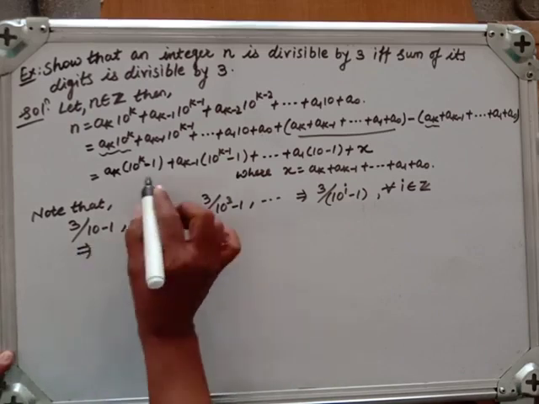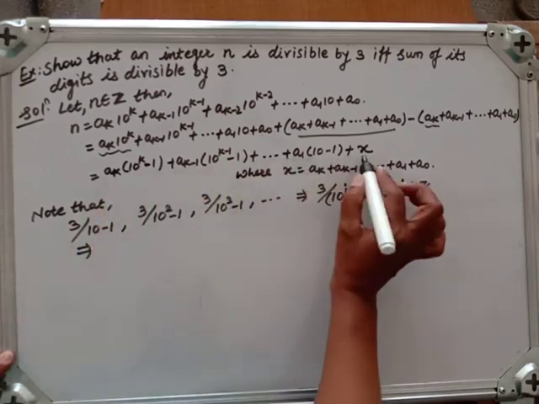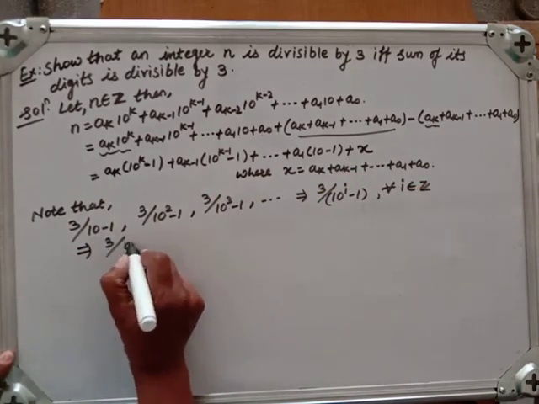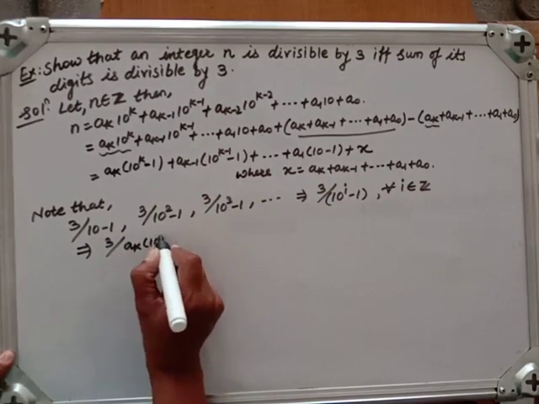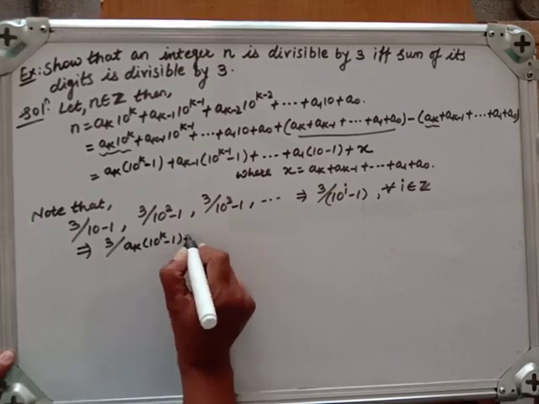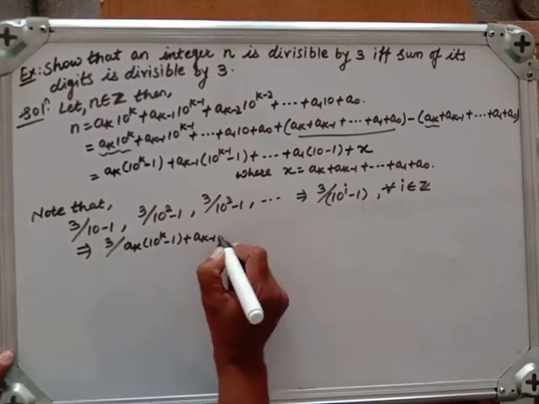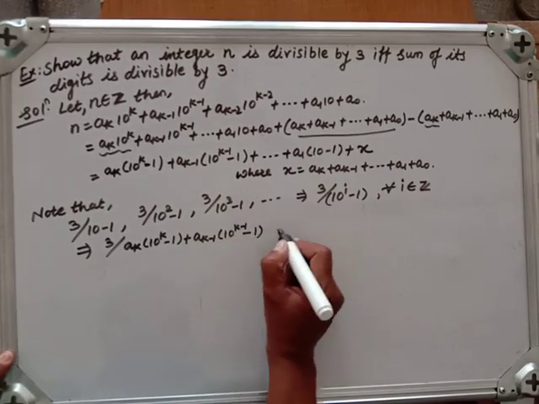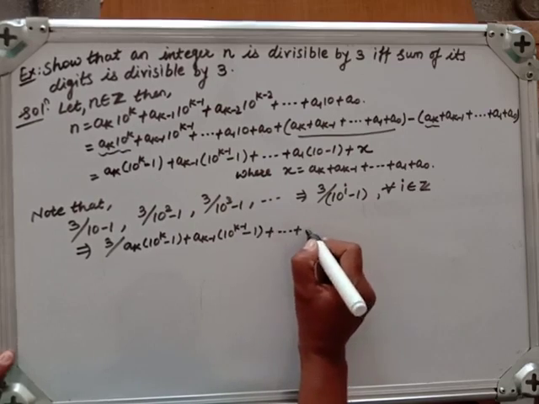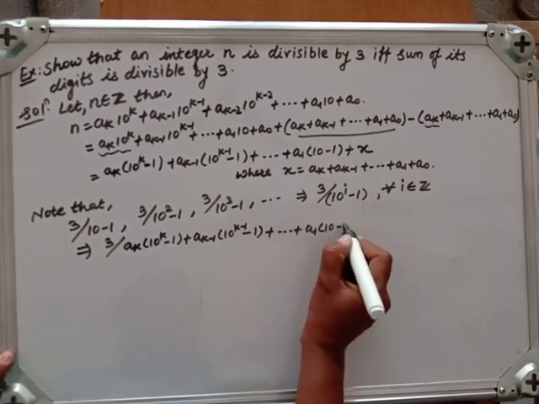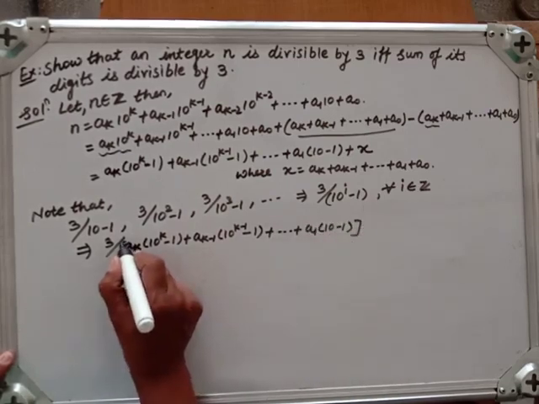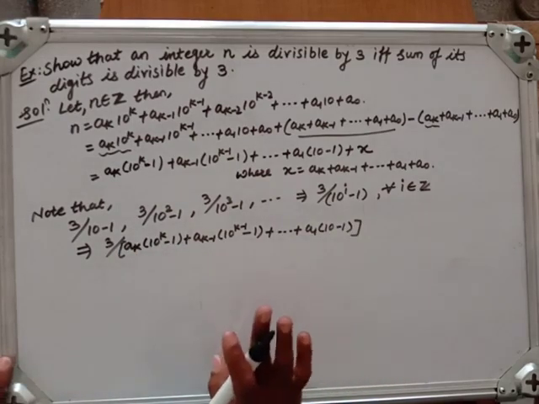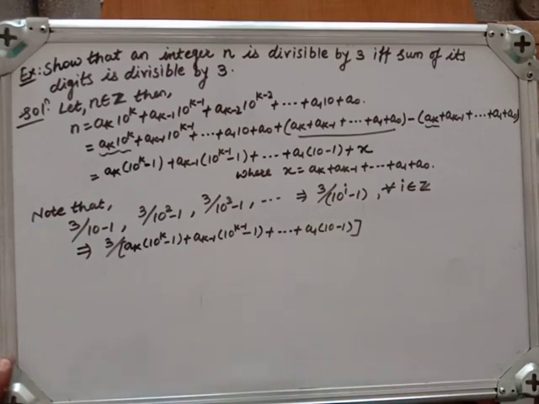This gives us that 3 divides this expression except this x. So 3 divides ak into (10 raised to k minus 1) plus ak minus 1 into (10 raised to k minus 1 minus 1) plus so on up to a1 into (10 minus 1). If 3 divides these terms, then their multiples also it divides and the addition also it divides. This is using the property of divisibility.